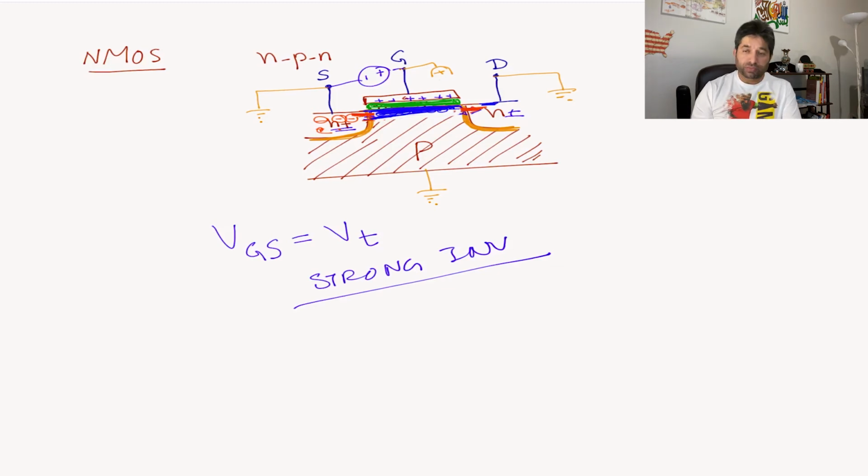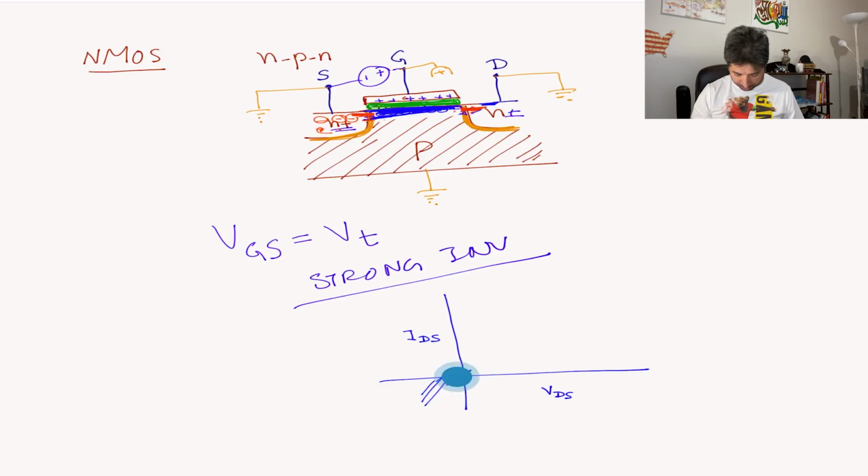And then you probably have seen in the books these IV curves. This is the drain to source voltage, and this is the drain to source current. Initially, before threshold, this is the cutoff region. Let's assume for the moment no current flows. Actually, some current flows, even though we don't want it.